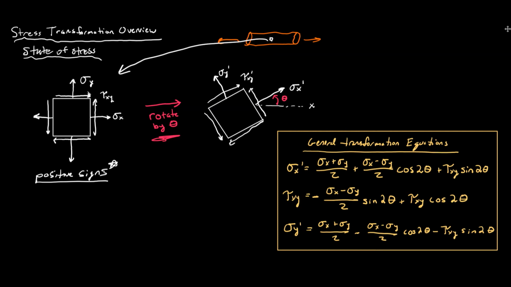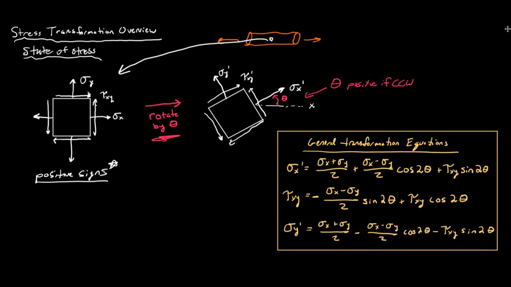And so we can use stress transformation equations to calculate what those new values are going to be. Another sign convention to note is that theta is going to be positive if we rotate counterclockwise. So in this case, we're rotating counterclockwise, so this is going to be a positive angle. And we do need to keep track of these.